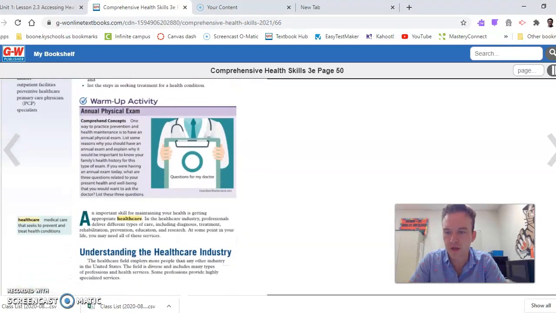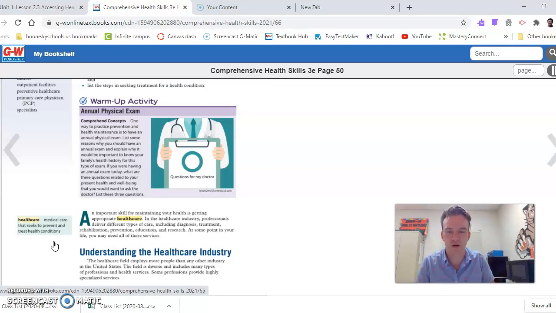All right, so healthcare. Healthcare's definition here is listed: medical care that seeks to prevent and treat health conditions. So whether it is a preventative action or you're treating something that you already know that you have, let's say you sprained your wrist and then you go to the doctor, that is healthcare.